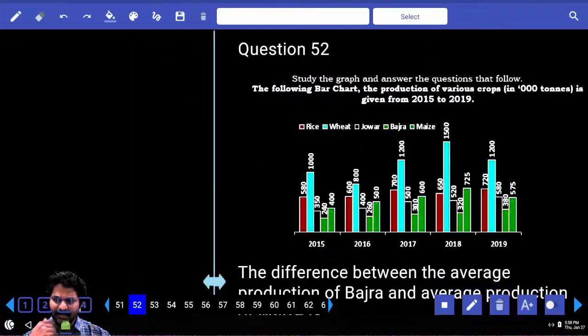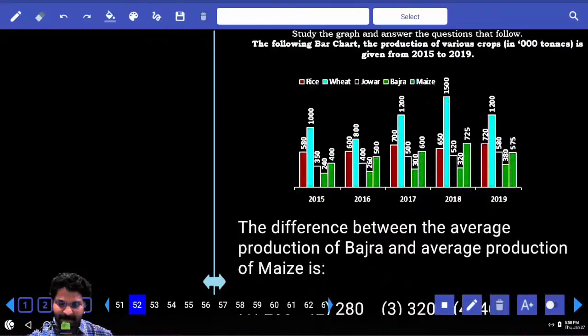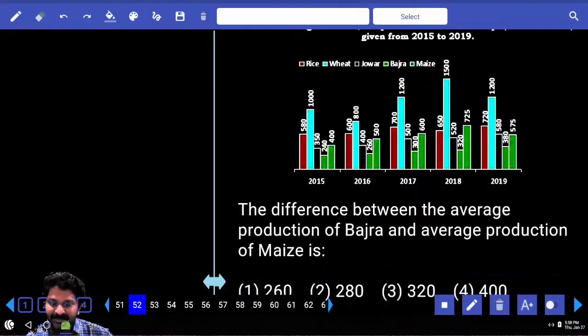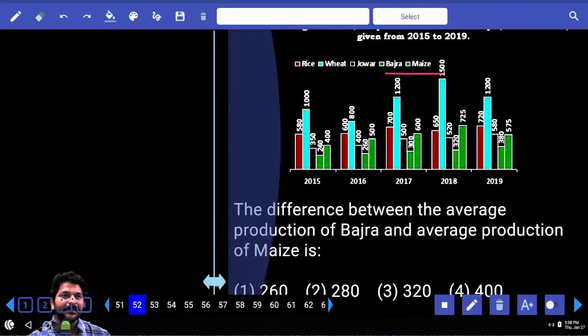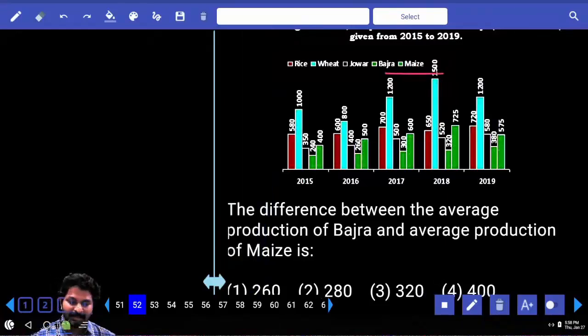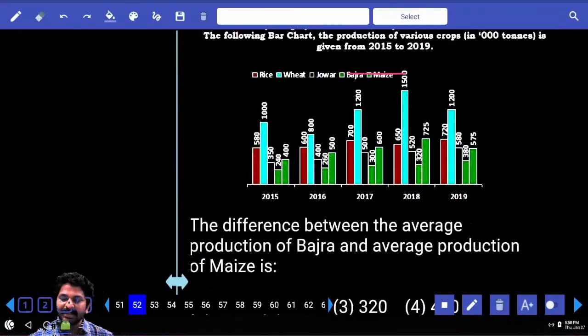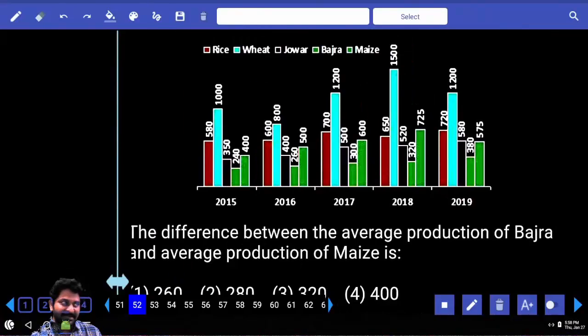So here the bar chart shows the production of various crops in thousands of tons from 15 to 19. The difference between the average production of bajra and the average production of maize is, okay, so last two, right? In the data they represent the last two, and we need to calculate the average difference.